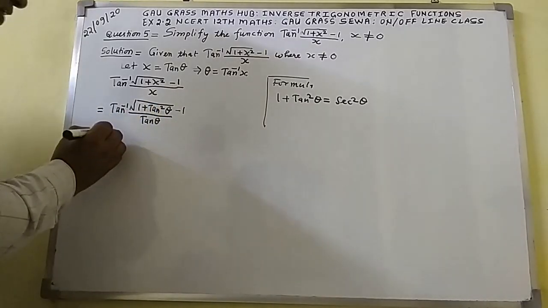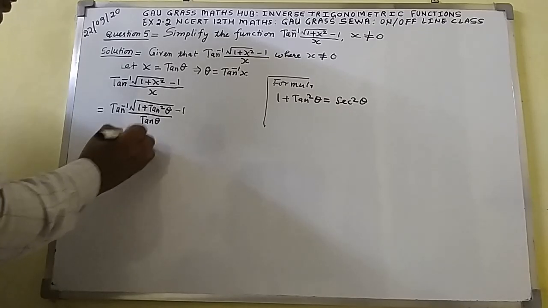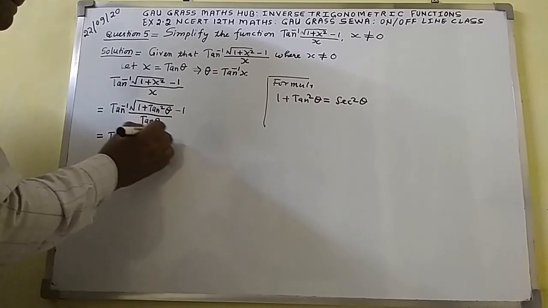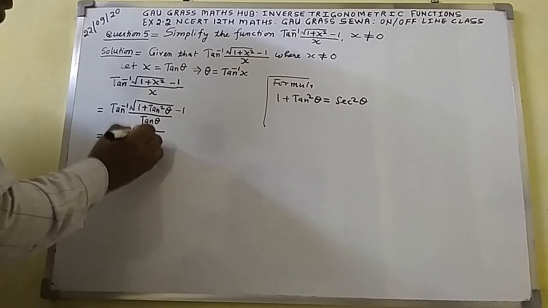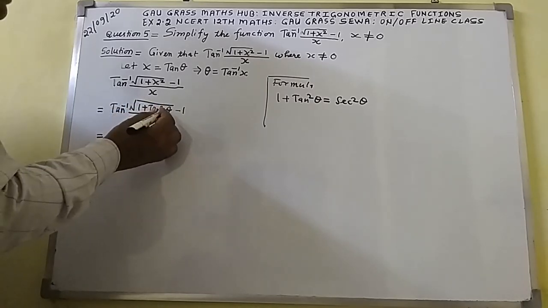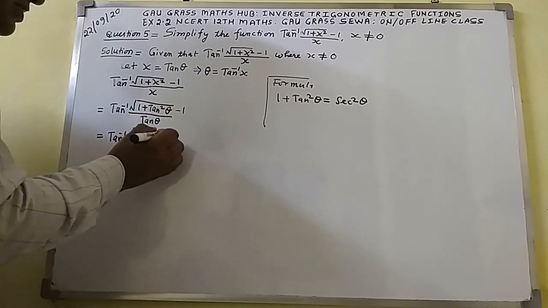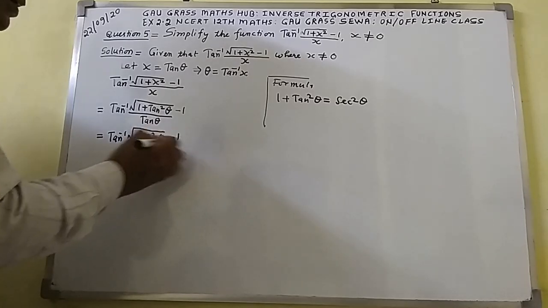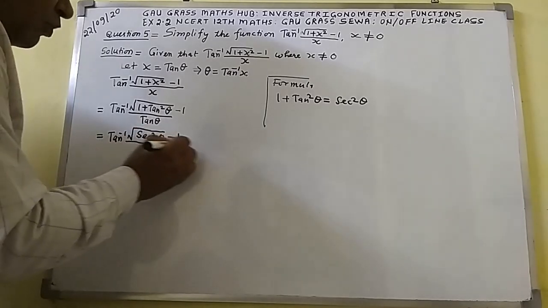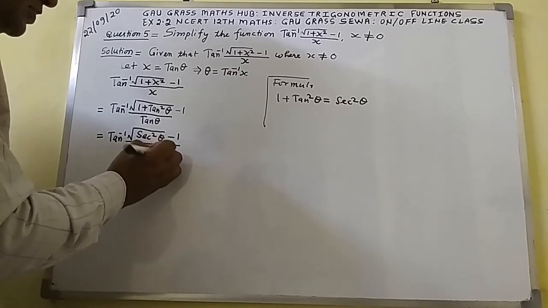So now it will become tan inverse of under root (1 plus tan square theta). In place of 1 plus tan square theta, I can write sec square theta. It will become sec square theta minus 1, whole over tan theta.